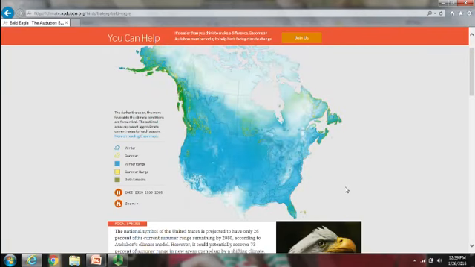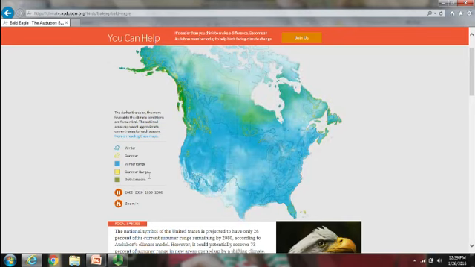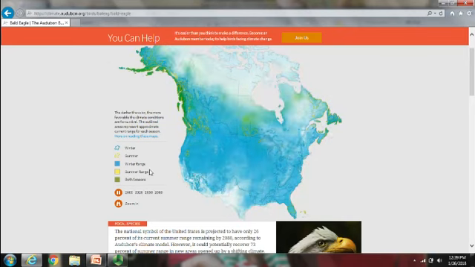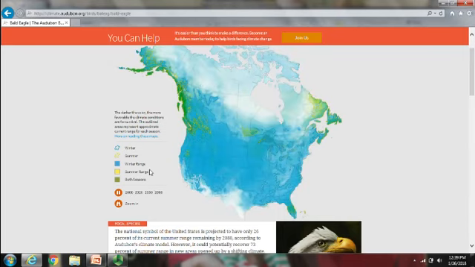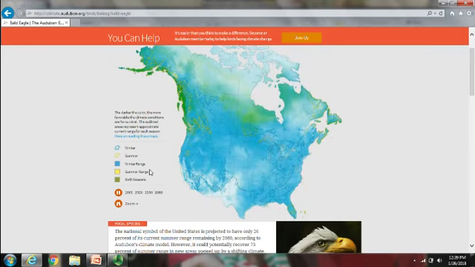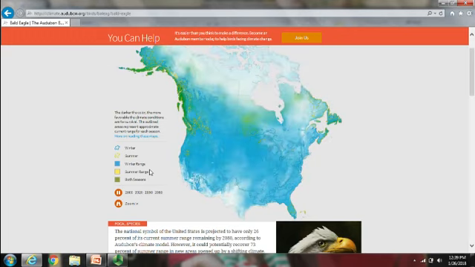Blue is the winter range, green is both seasons, and yellow is the summer range. Currently in most regions of the United States, it's a winter bird, right? Because they move south during winter to get more food, but most of them breed up north, right?